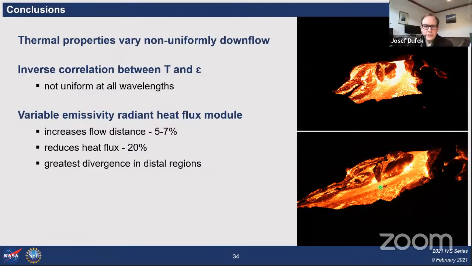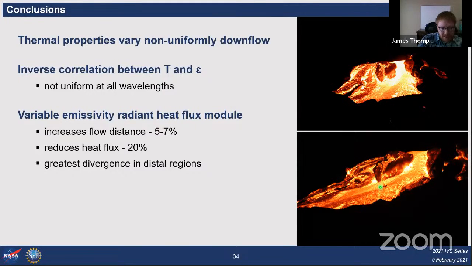I guess I have a somewhat related question. Do you need to worry about the scale of roughness? Is this something that is of concern? Yes, I think it is. How to precisely deal with that is not straightforward.